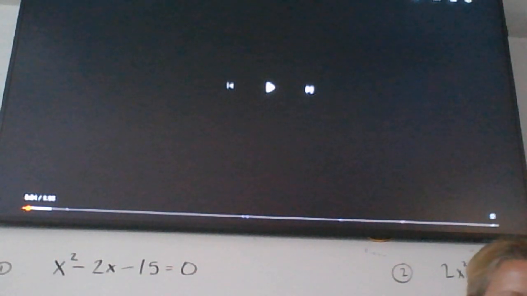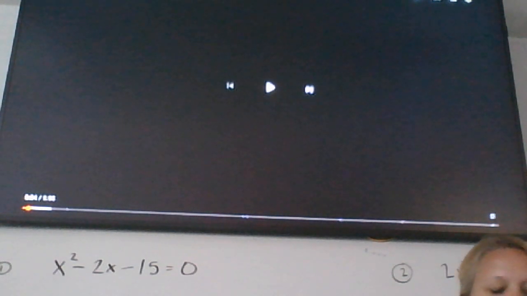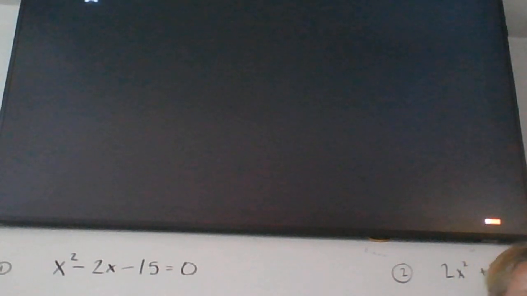All right, I'm gonna go ahead and get it rolling. You guys can keep working on your own or just look up. We're going to talk about using the quadratic formula. So let's start with this one.